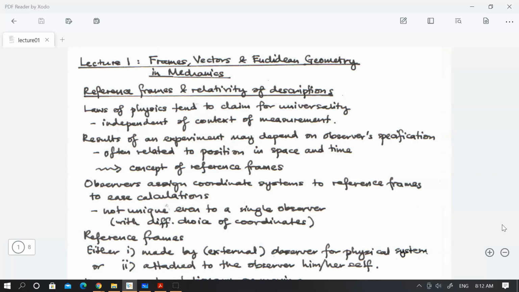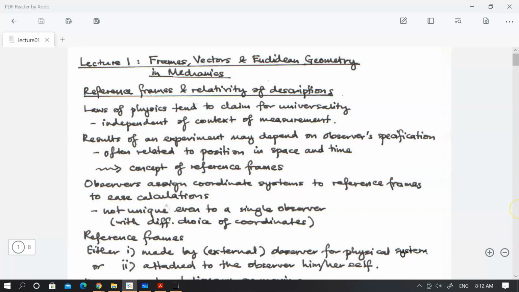So where the observer is actually doing the measurement, or observing of the phenomena, you need to have this concept of reference frames as an integral part, but sometimes we just ignore it for our convenience. But you know that there's a reference frame that we are attached to or use.